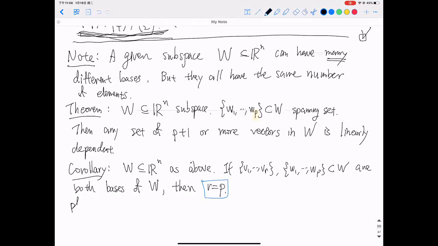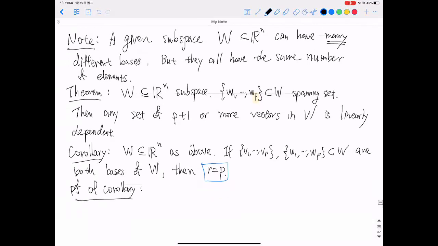Now proof of corollary. That one is fairly straightforward. Well, since V1 through VR is a basis, it's a spanning set.